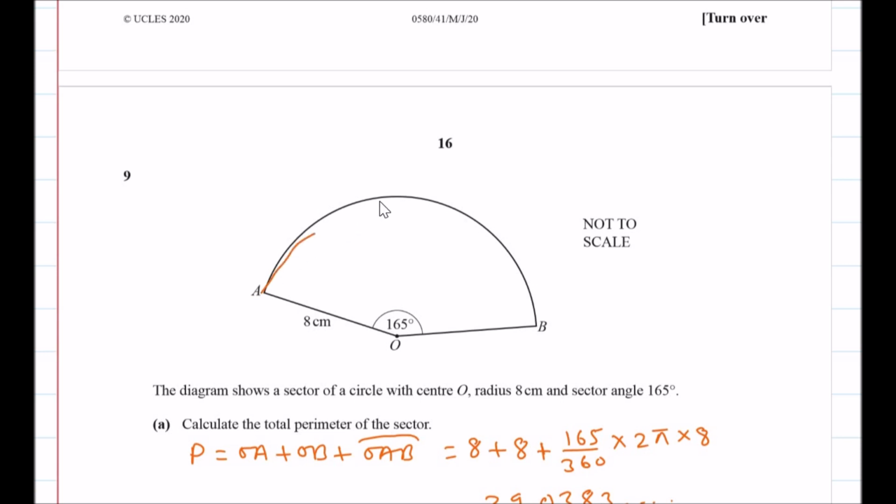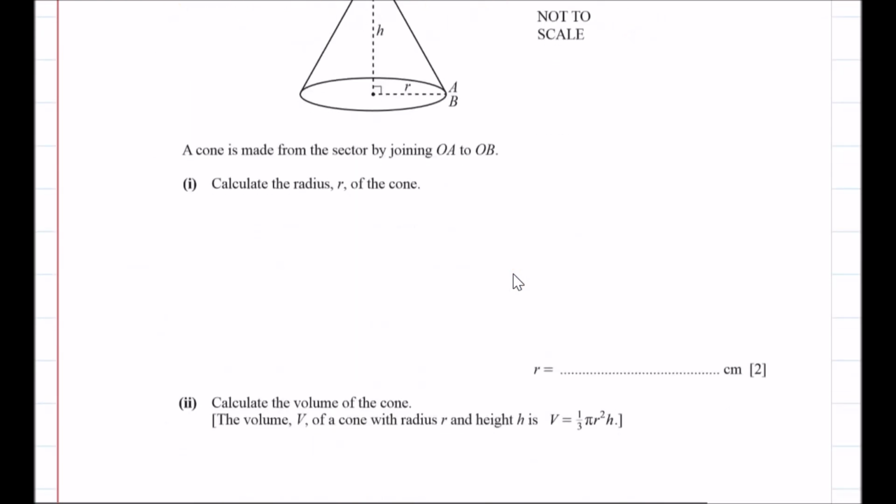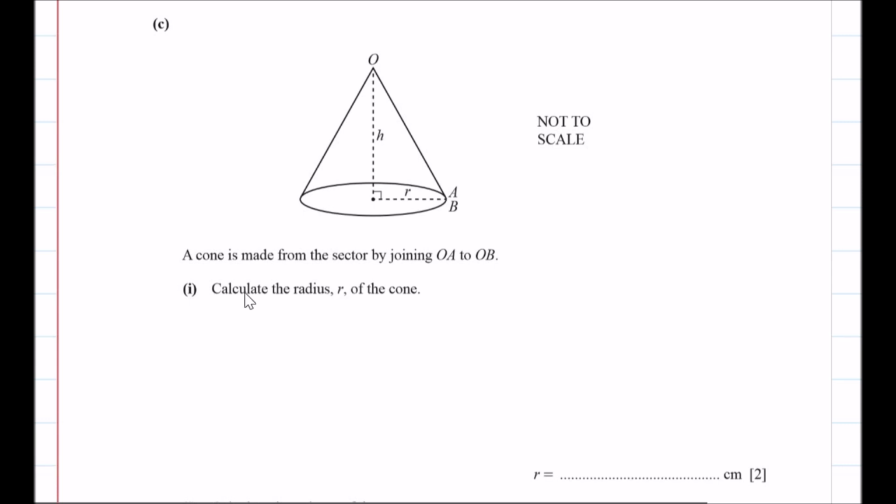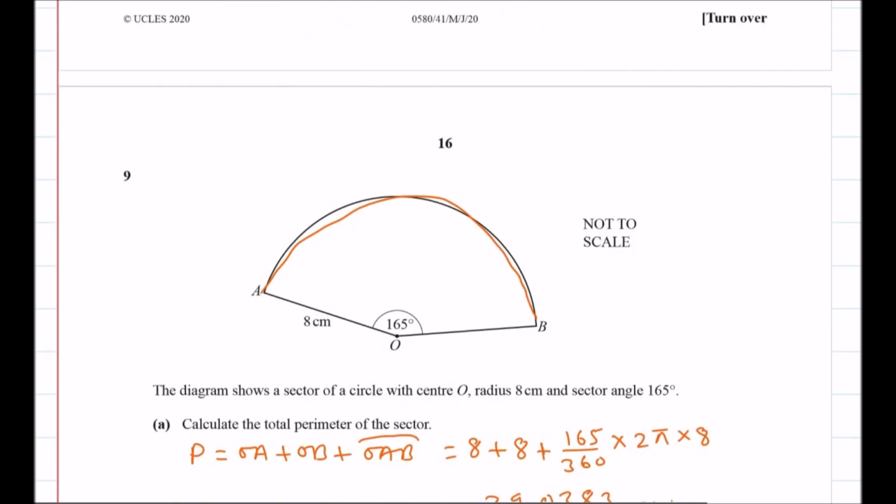Arc length of the sector becomes the circumference of the cone. That means circumference of the cone is same as the arc length of the sector. Okay. So we leave this property here. Let me erase this first.